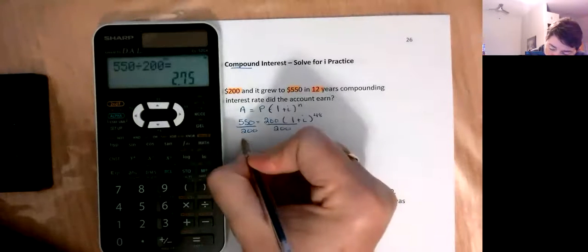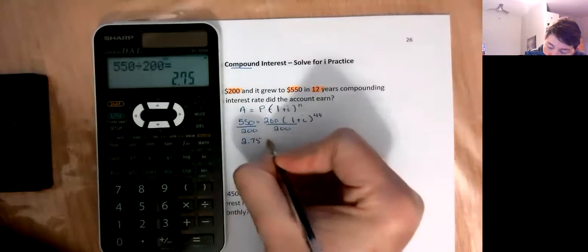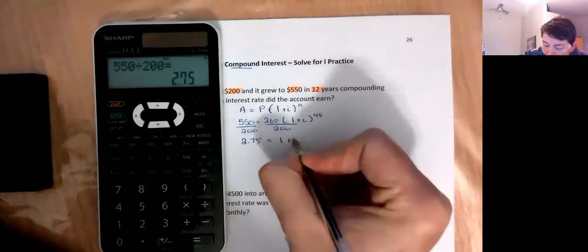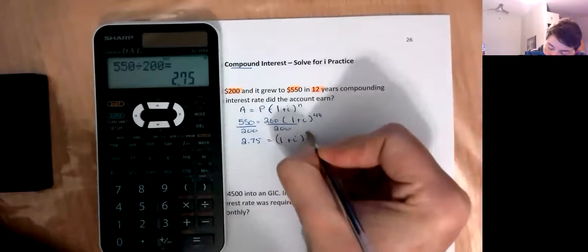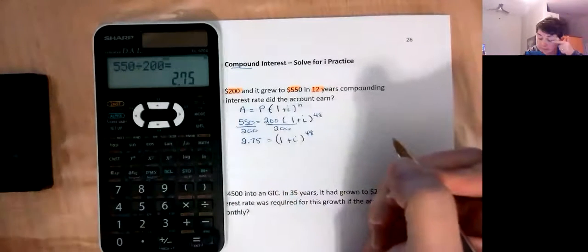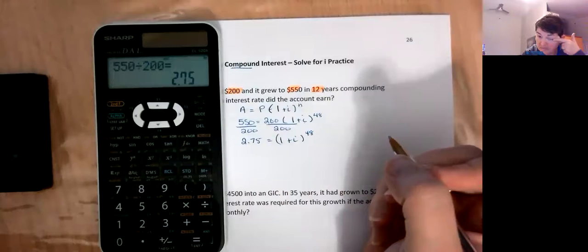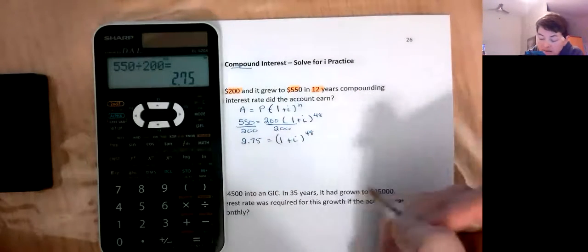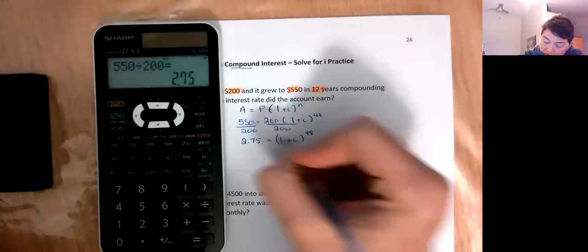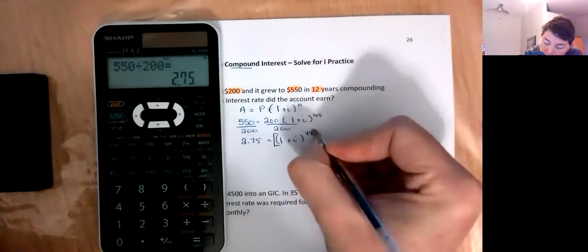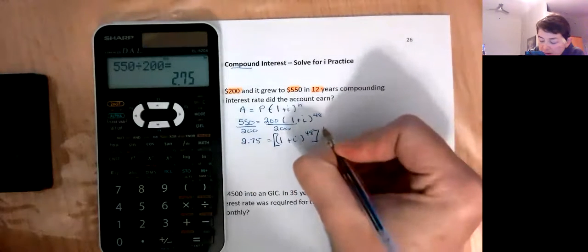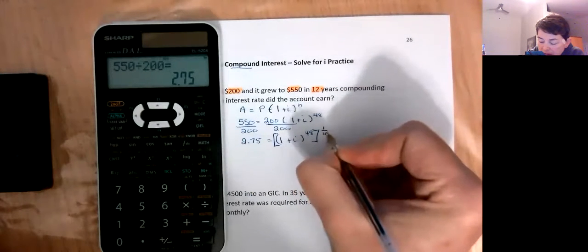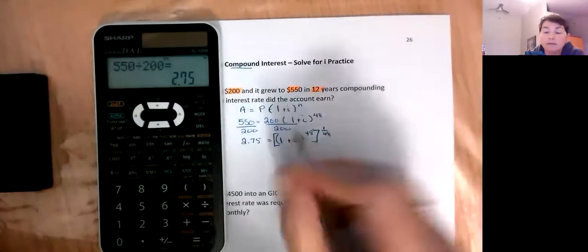All right, 2.75 is equal to (1 + i)^48. Now to get rid of the exponent, it's not divide, because this is an exponent, remember? We're going to put big square brackets and we're going to make a new exponent, and it's going to be 1 over that.